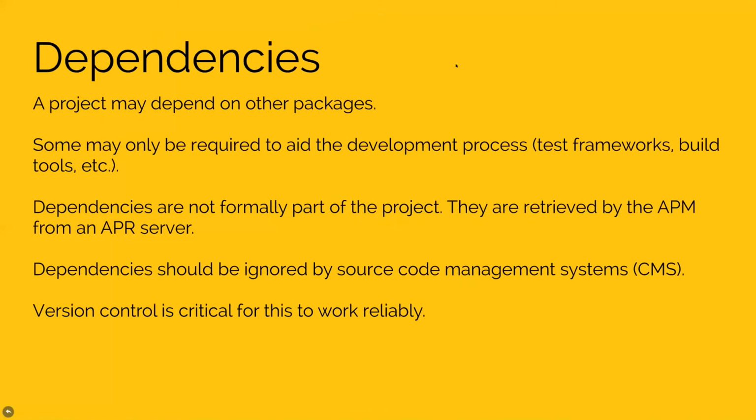Similar with dependencies. If I work on a project that has dependencies on other packages, those packages do not end up as part of my APL source code, because that folder is dedicated to only code related to this project and not others. So packages brought in are kept in a separate folder.